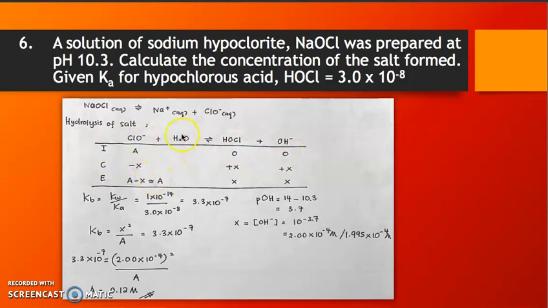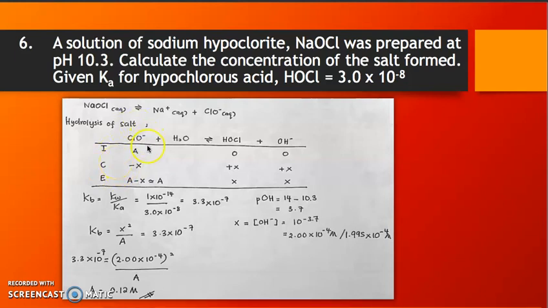Water here is not available, so leave a 0 here. And for the change, it is a negative X because you look at the coefficient in front, the hypochlorite ion is 1 actually. So you minus 1 X because this is the change.